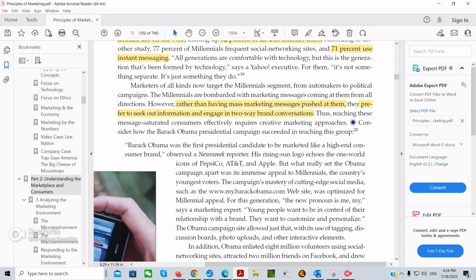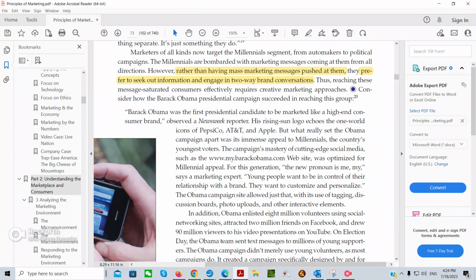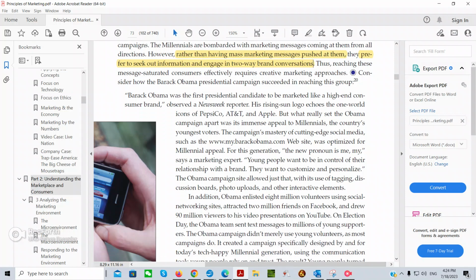The Obama campaign site allowed just that with its use of tagging, discussion boards, photo uploads, and other interactive elements. In addition, Obama enlisted 8 million volunteers using social networking sites, attracted 2 million friends on Facebook, and drew 90 million viewers to his video presentations on YouTube.